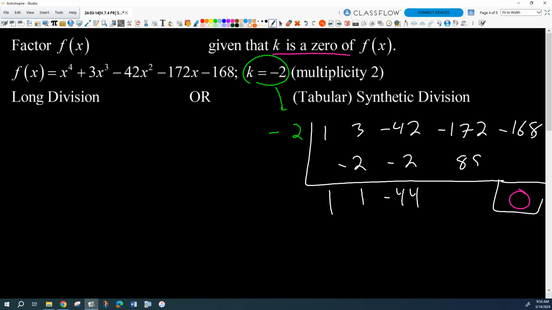Where are you getting hundreds from? 160. 84. There you go. Let's just call it that. Hey, what do you know? 168. Okay, it worked out, right?